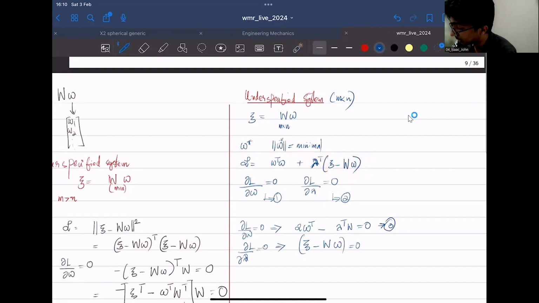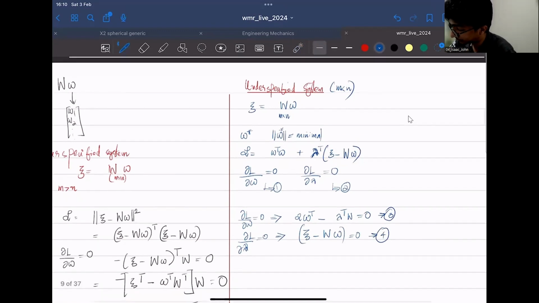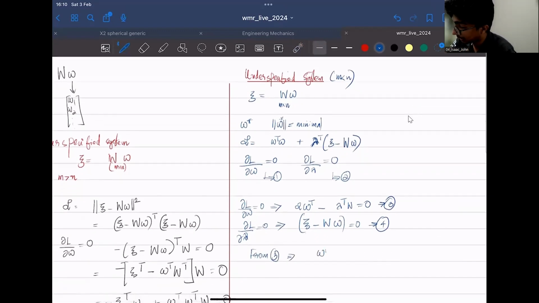I label this as equation 4. So from equation 3, I'm simply rewriting: omega transpose is nothing but lambda transpose W by 2.